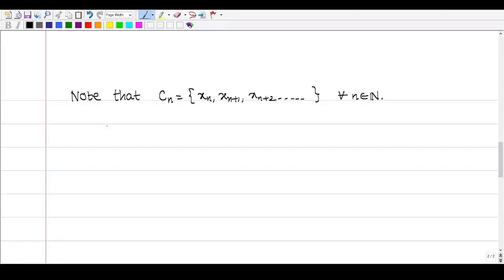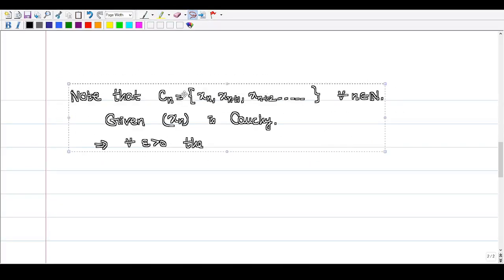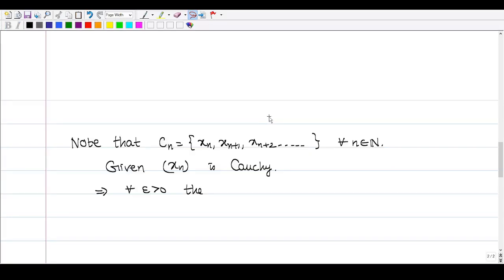Okay, given xn is Cauchy, correct? xn is Cauchy. xn Cauchyயாக இருந்தா என்ன நடக்கும் அப்படின்னா this would imply that for every epsilon positive there is... இப்போ என்ன ப்ரூஃப் பண்ண போறேன் அப்படின்னா to prove diameter of Cn converges to 0. Okay, so let epsilon be positive.